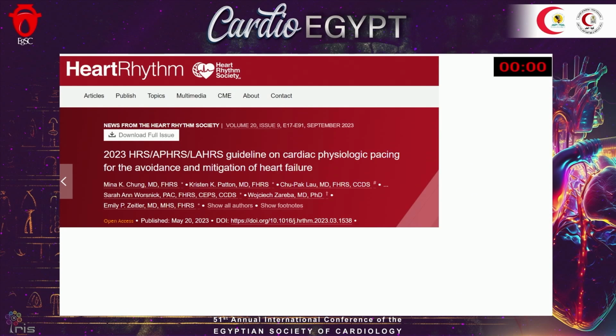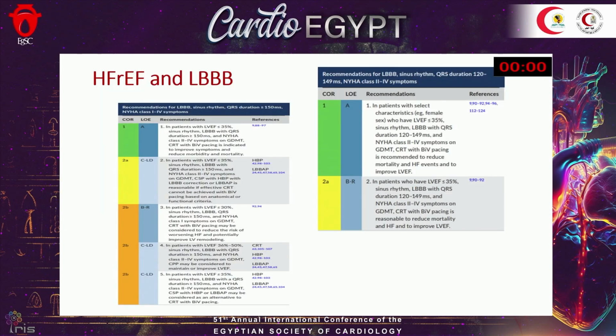According to the HRS guidelines, for patients with an indication for CRT, CRT is still a class 1 indication in left bundle branch block in half-RAF patients if QRS is more than 150, and class 2A if from 130 to 149.